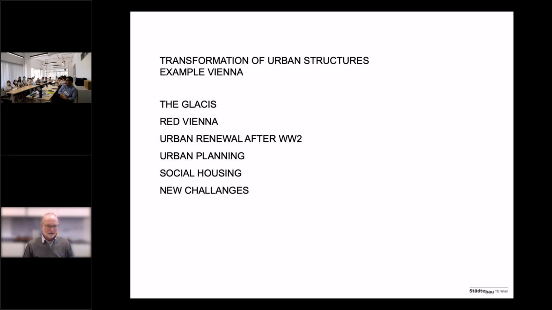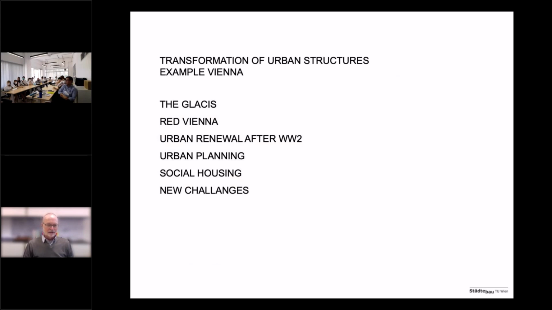Then we will talk about the Red Vienna, which is a social housing program that happened between the two world wars. Then I will give a short overview about the renewal process after World War II, caused by a lot of damages that have been done during the war to the city and to the building stock of the city.